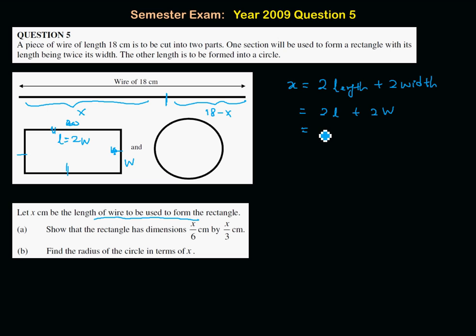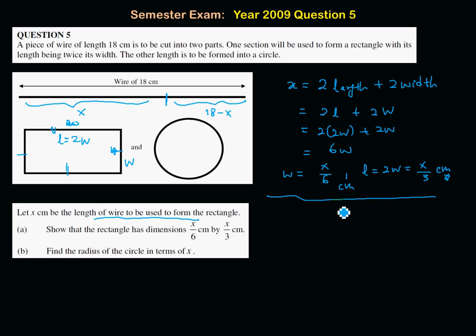However, the length is actually 2W, so we end up with 6W. The width is x over 6, and the length, being 2w, is x over 3. So we have shown that the dimensions are x over 6 by x over 3, in cm.